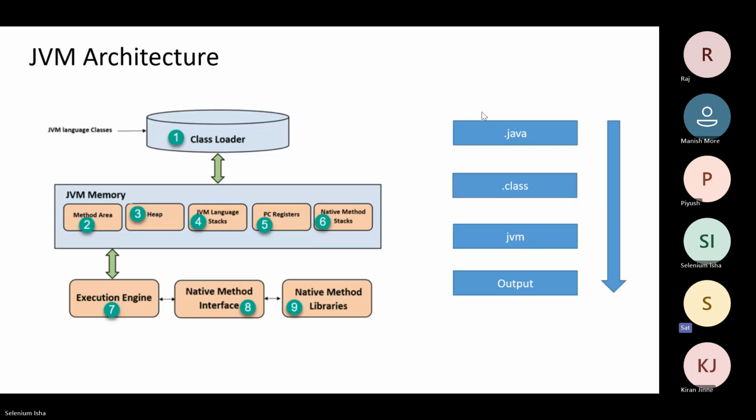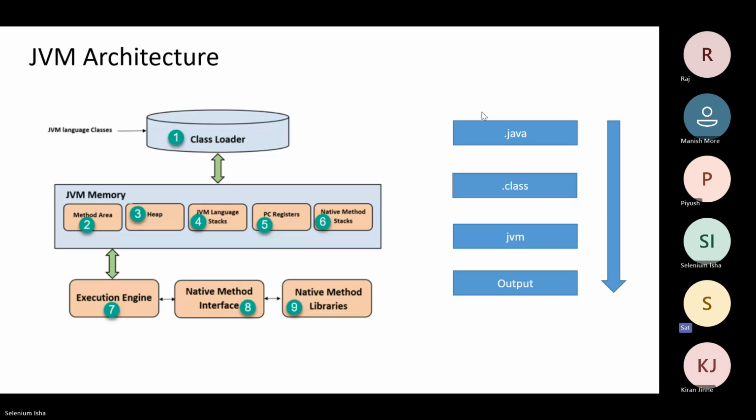In the JVM architecture, the first thing is the class loader, which loads all the classes that are part of your application. That's not an important component for us from a performance engineering perspective. The class loader is just a component in the JVM, and we don't need to really worry about how it works.